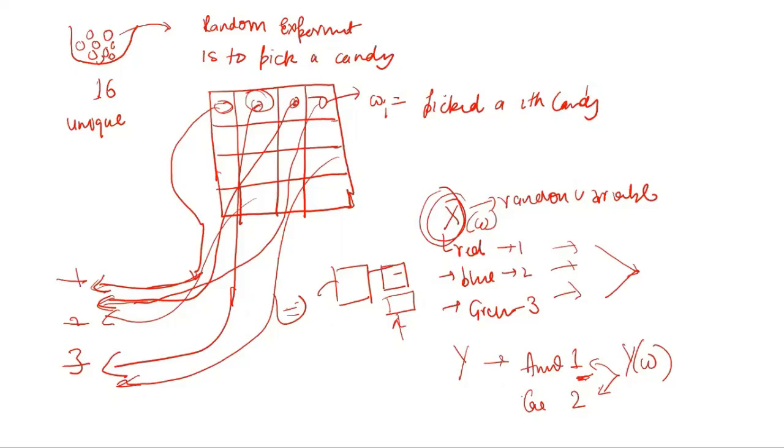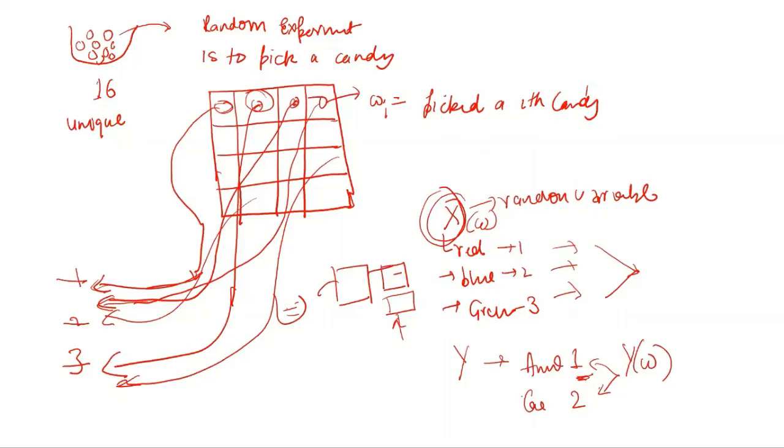Whenever an outcome happens, you may see a different value of this variable. Mathematically we can see it as a function: for every outcome there is one value of X. When the random experiment happens, one of the outcomes occurs, and that is why we get one value of X.